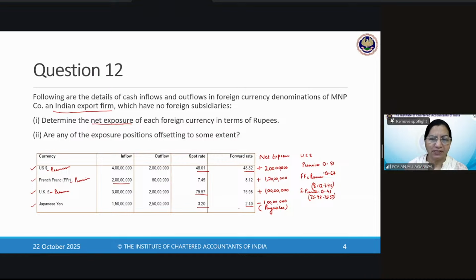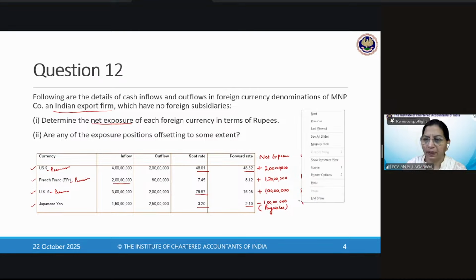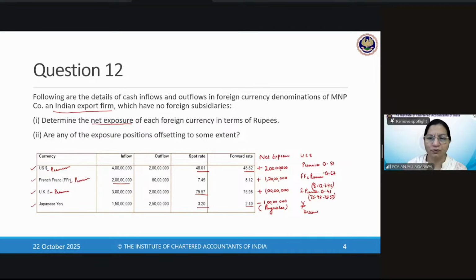So the Japanese yen is at discount from 3.2 to 2.4. Now, because this Japanese yen is at discount, once again, your outflow was supposed to be 1 crore into 3.2, but now your outflow would be 1 crore into 2.40.